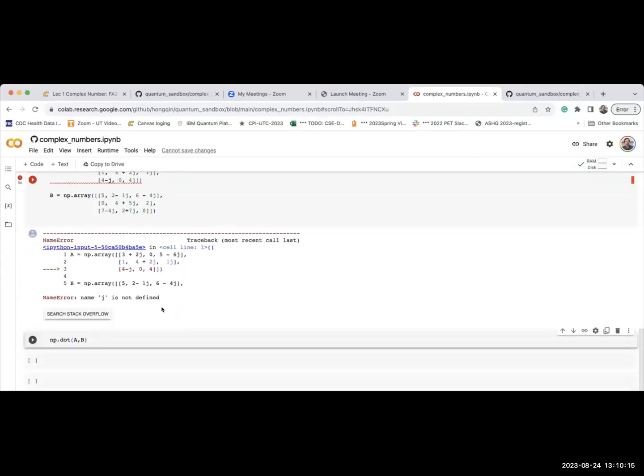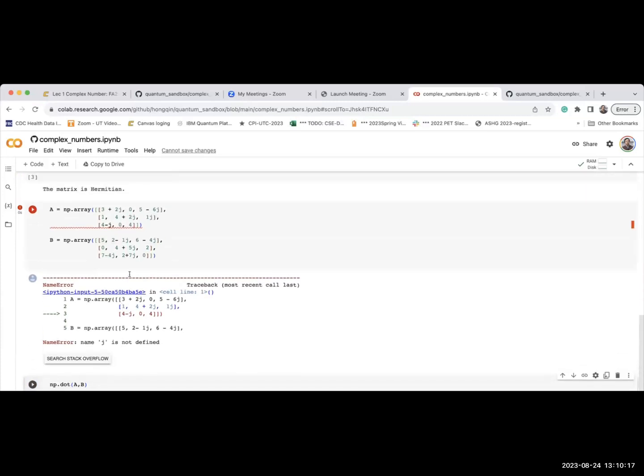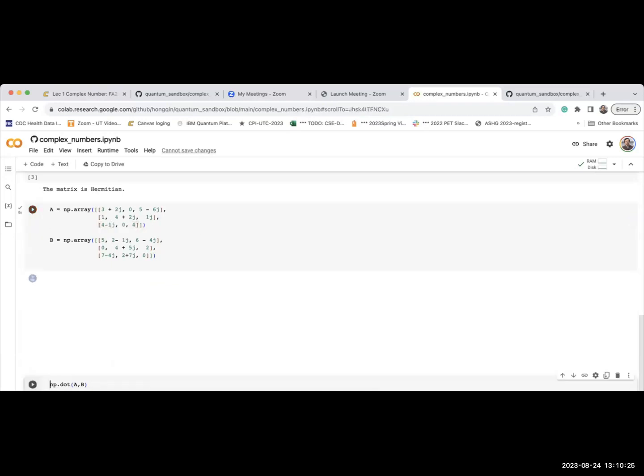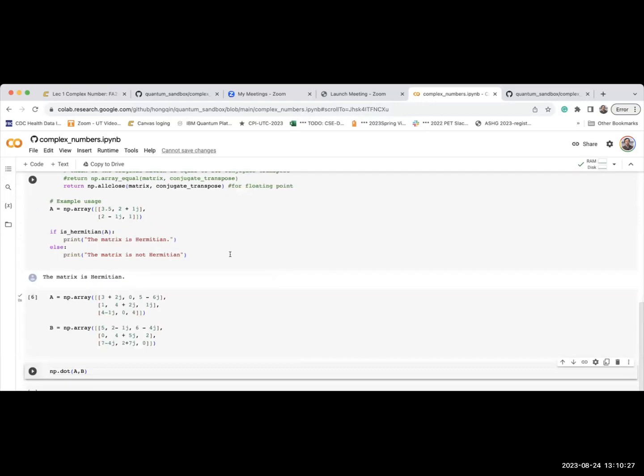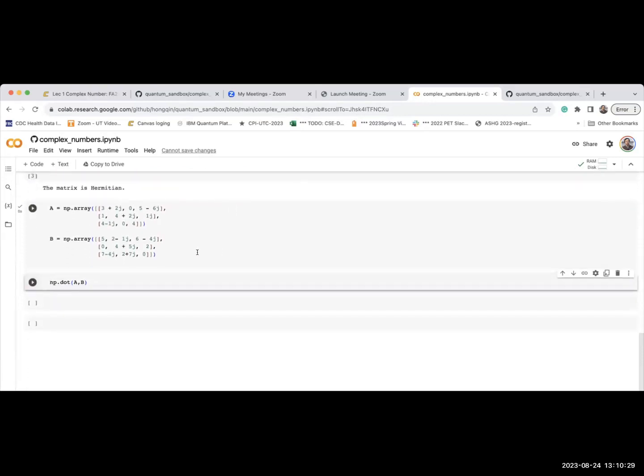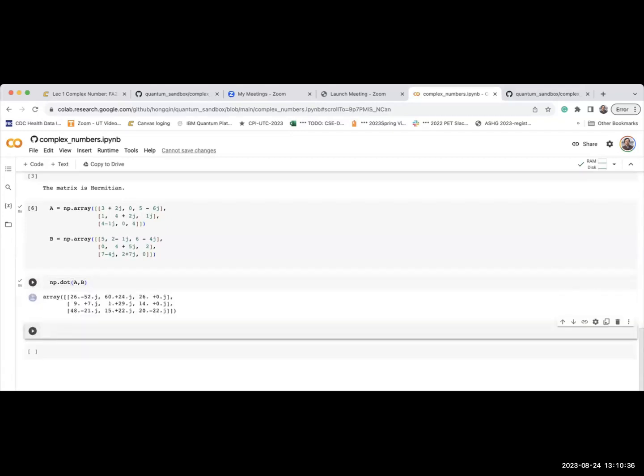Still says J is not defined. Oh, here, 1J, okay. Yeah, that's a bit tricky. If we put a J all by itself, it's actually not recognized. It's recognized as a variable. Oh, interesting. Is that correct? The first one is correct. Yeah, 26, 52.